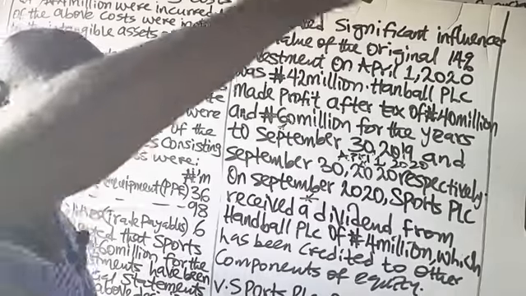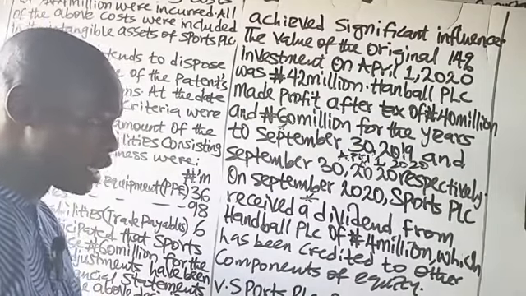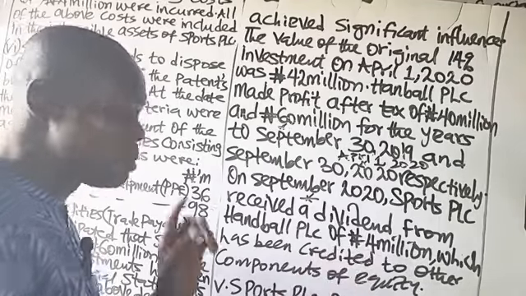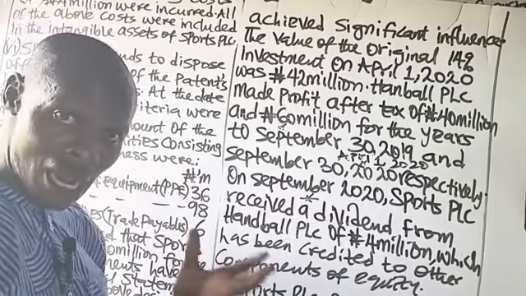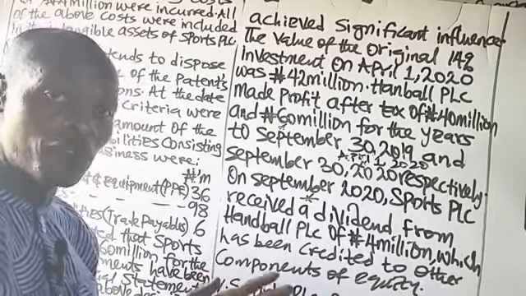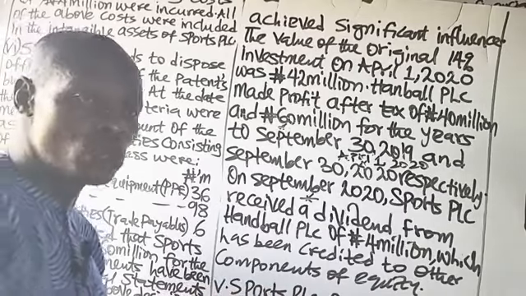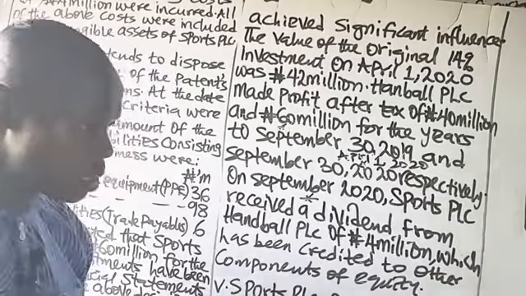That means it was credited to investment in associate. The second leg of it is to debit other components of equity. That means you are going to subtract 4 million naira from other components of equity in line with the double entry principle. For every debit entry, there must be a corresponding credit entry. You credit investment in associate, you debit other components of equity.